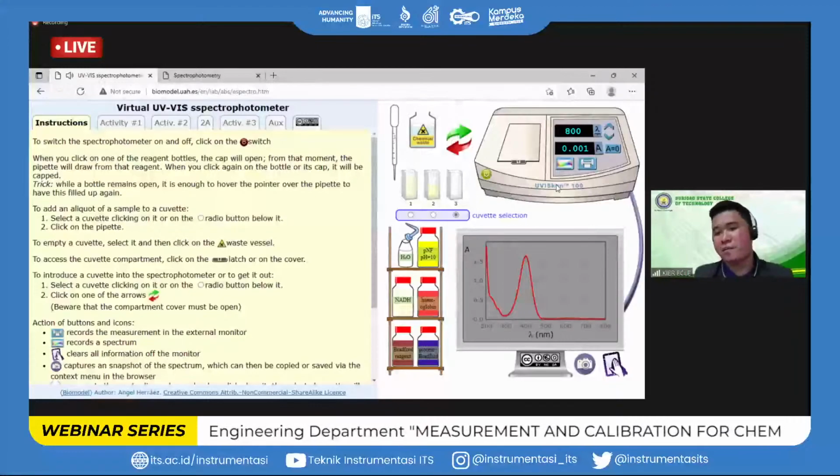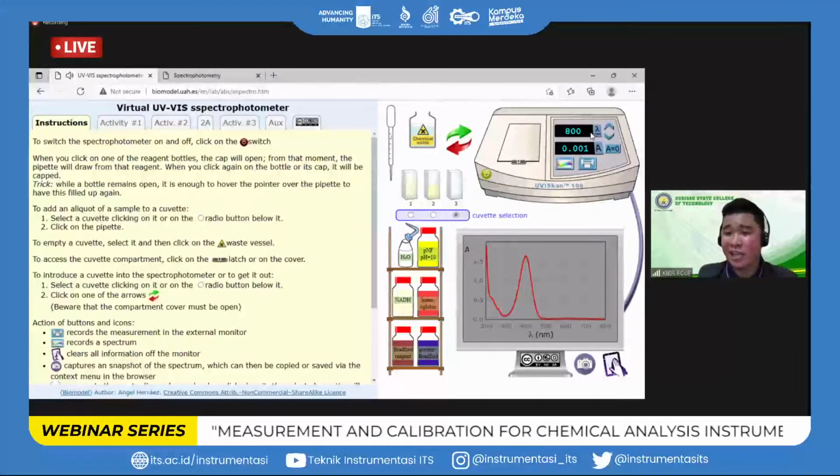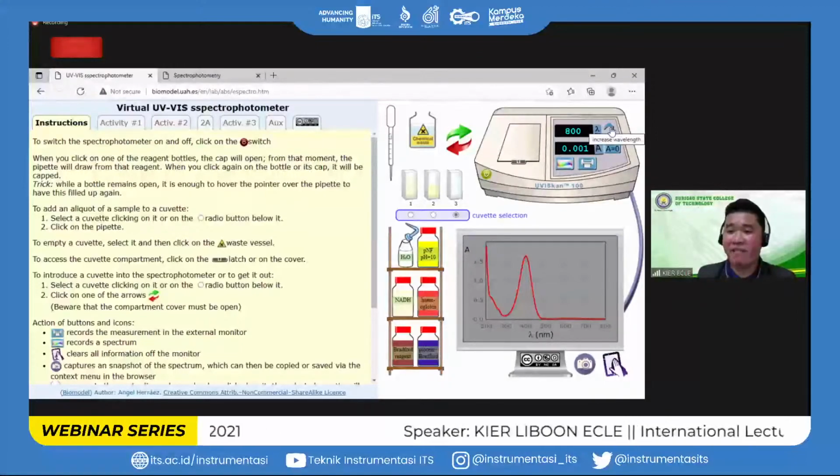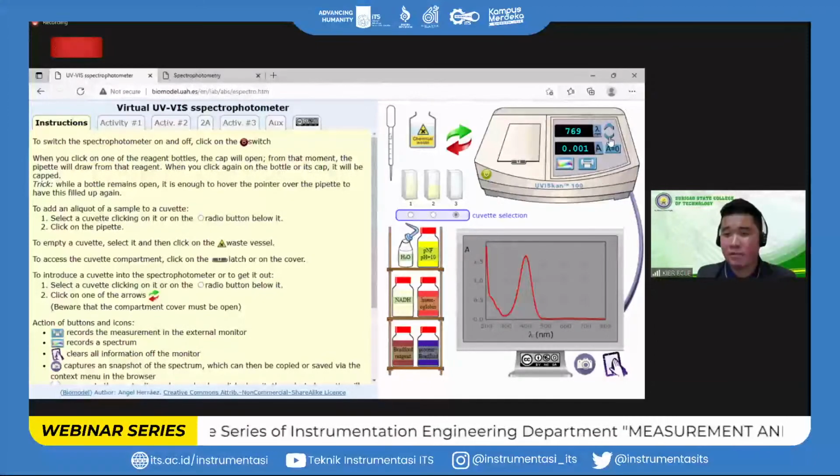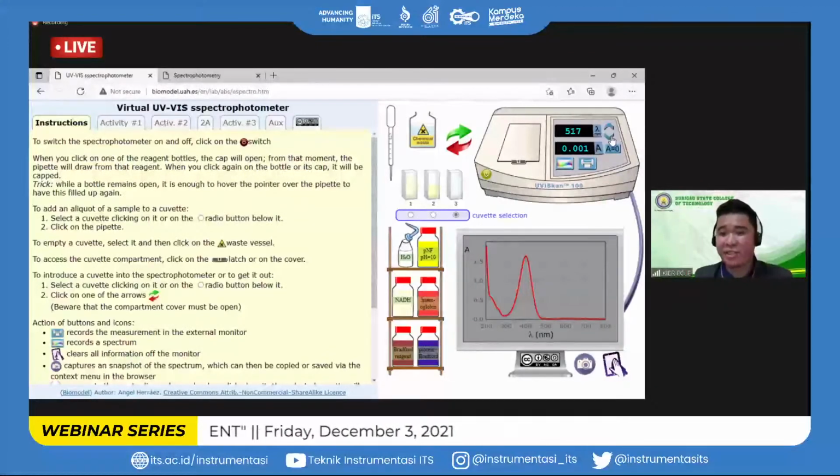As you could see, the spectral display is at 800 nanometers. So you will reset this to 405 nanometers as your lambda maxima, because you will only use the lambda max at 405 nanometers for each of the samples.